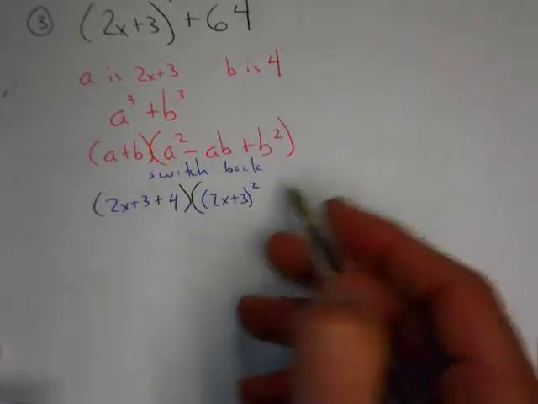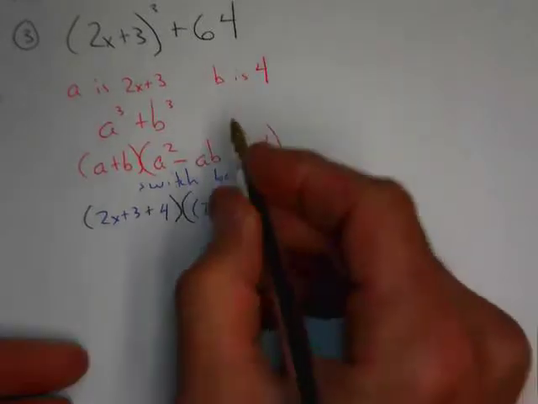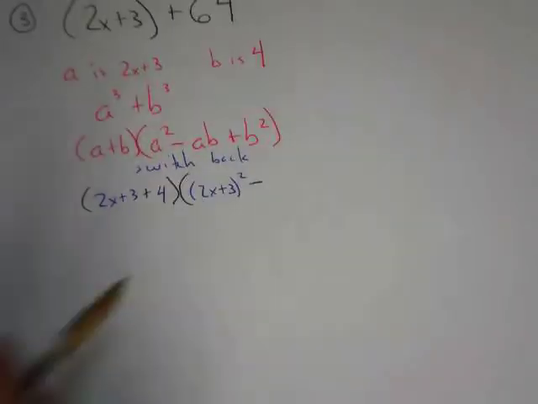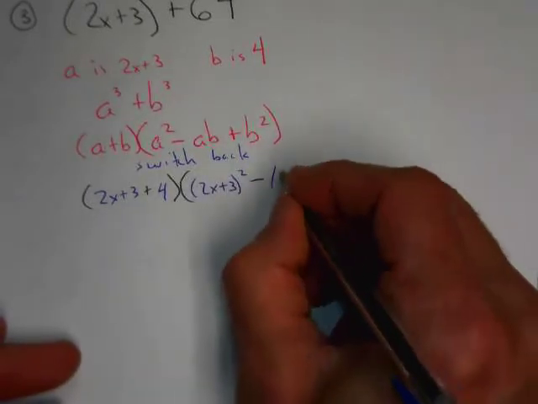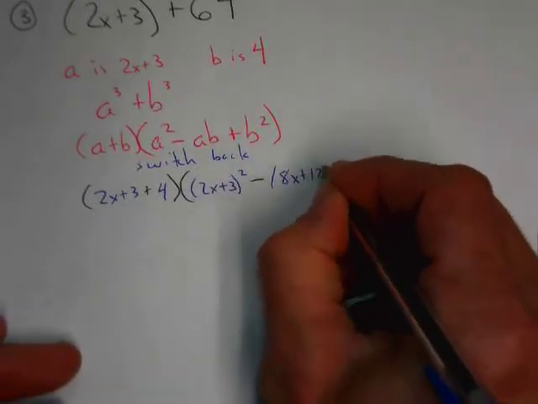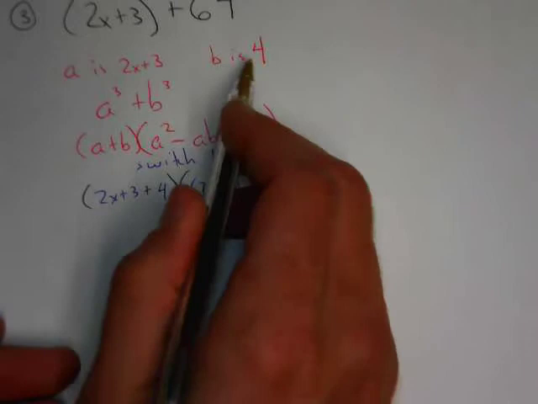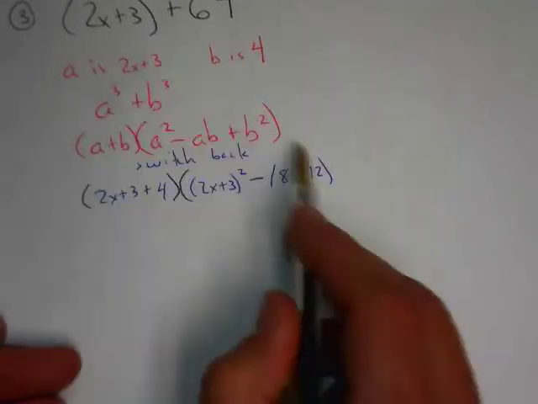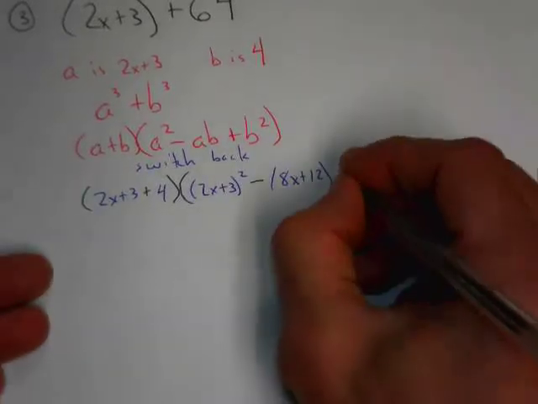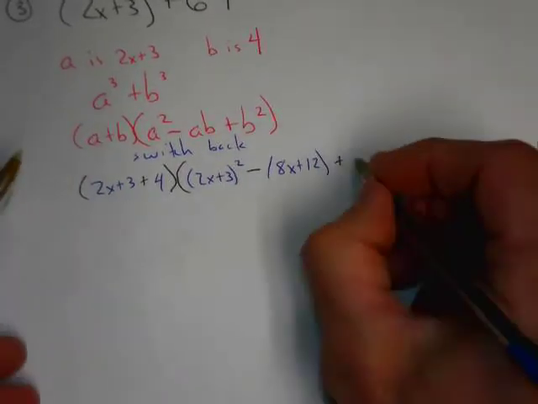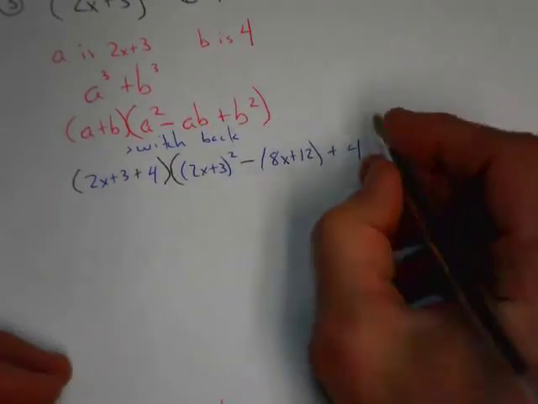Hopefully you remember specials. And then we have minus a times b, or minus 4 times 2x plus 3, which is 8x plus 12. Quick mental distributive property, hopefully you caught that. And then plus b squared, or plus 4 squared.